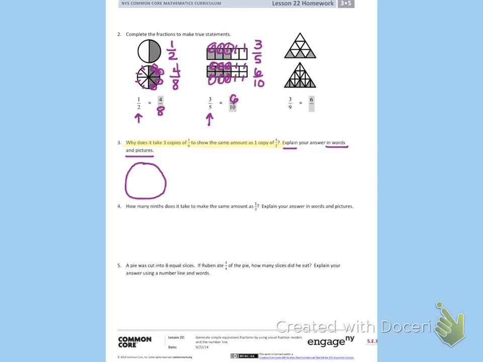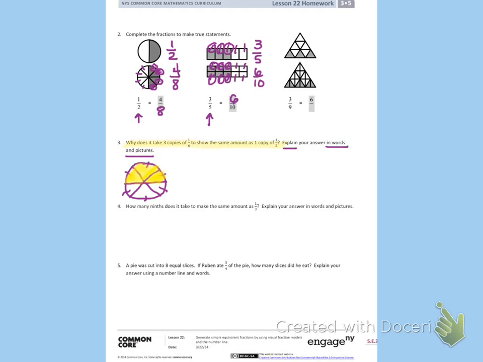Here's a circle. I'll divide it into 6. 1, 2, 3, 4, 5, 6. And I will shade in 3 copies of 1/6. 1/6, 2/6, 3/6.